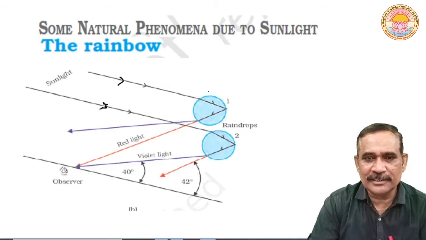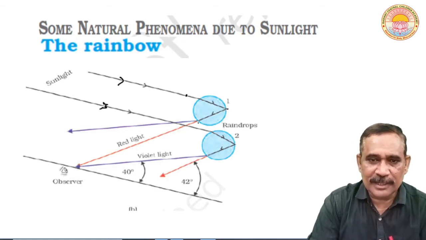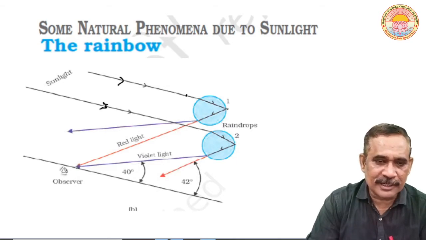The light is incident on the surface of the water. Here this is refraction. It travels from the rare medium to the denser medium. So this is the first refraction, and it is incident at this point and reflected here. This is the first reflection, and then again refraction, then it is incident at the observer.